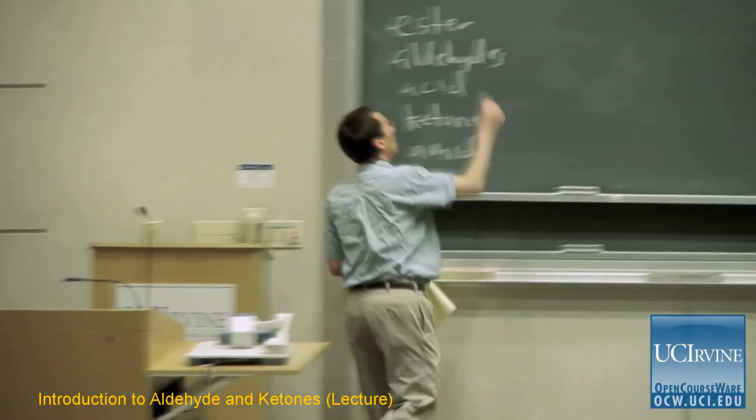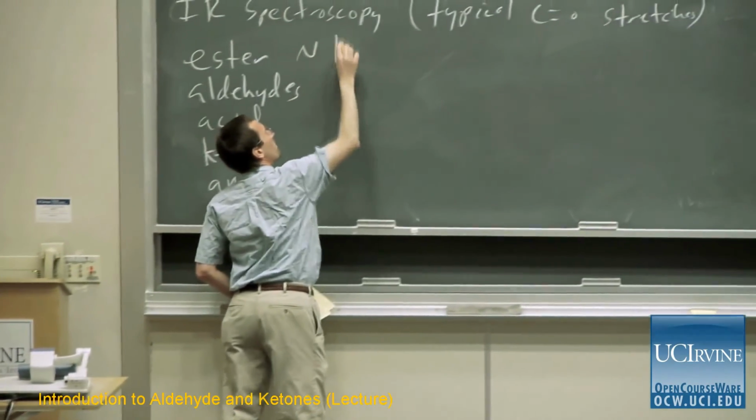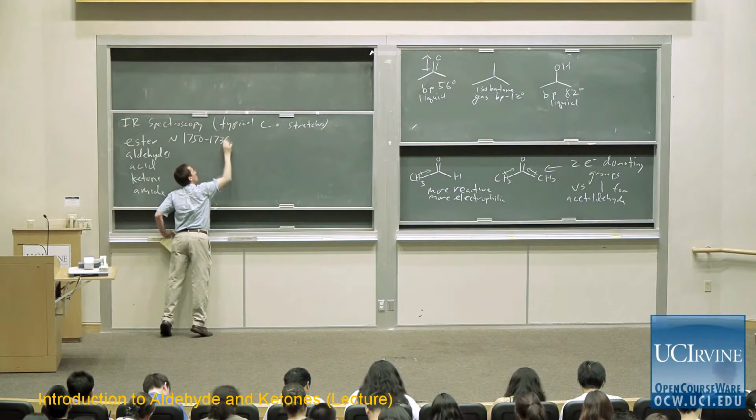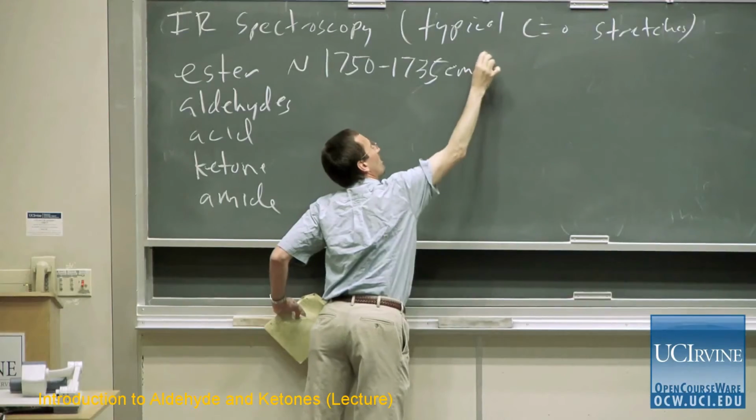Esters, a typical aliphatic ester, is about 1750 to 1735 wave numbers.